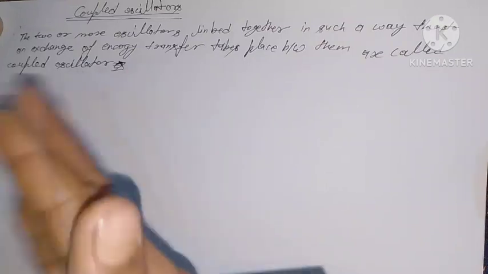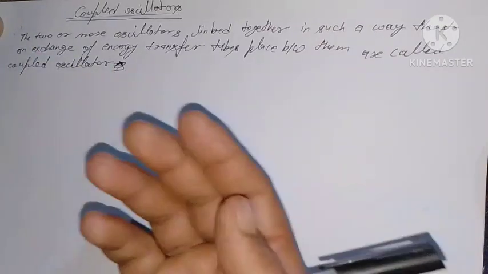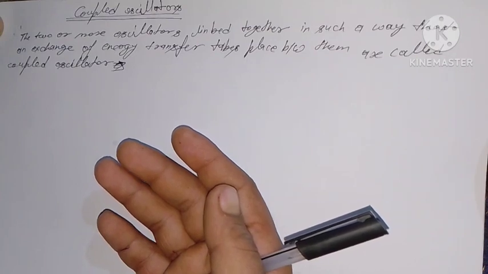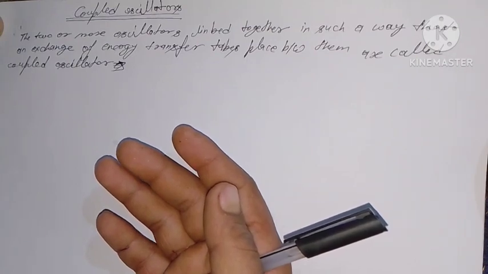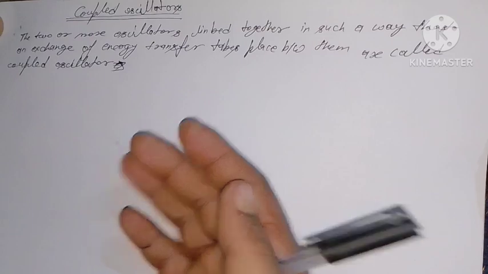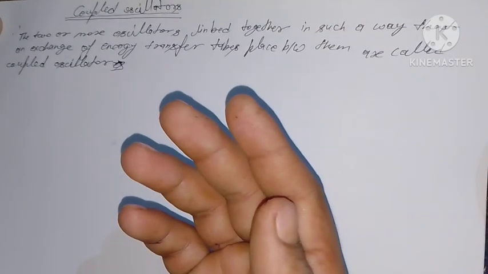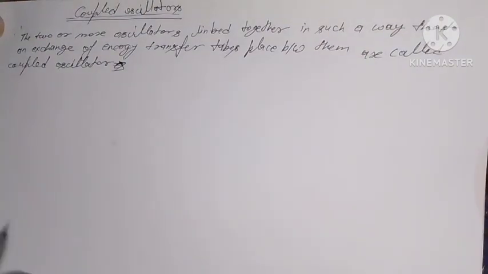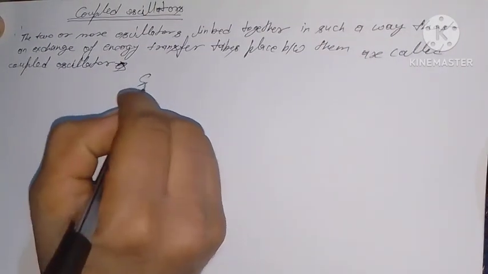However, in actual practice, there is always some feedback of energy, although small. In this chapter, let us study two coupled oscillators and their normal modes of vibration, and extend the idea to n coupled oscillators. Some definitions.